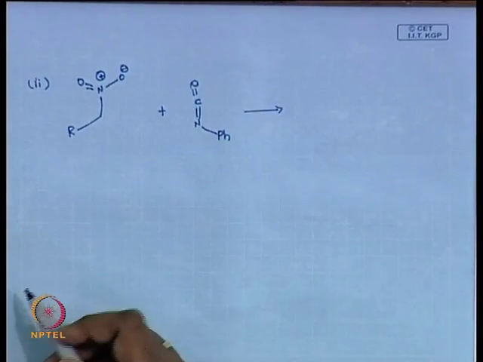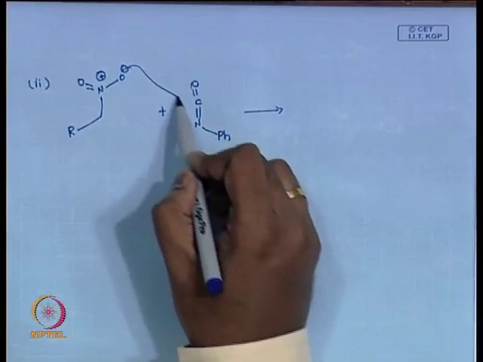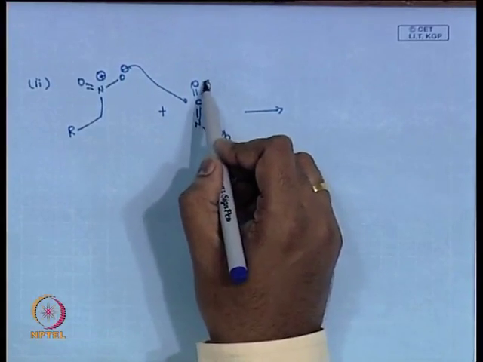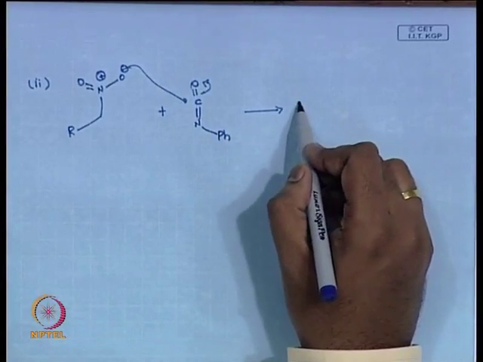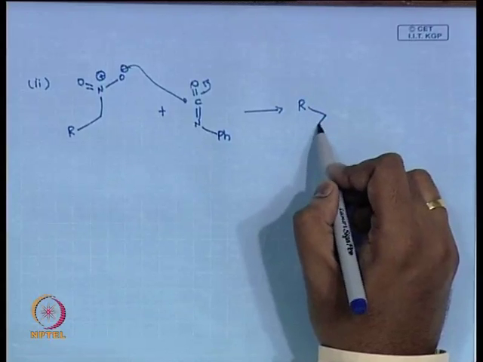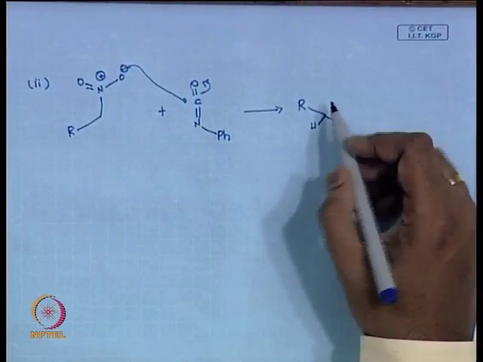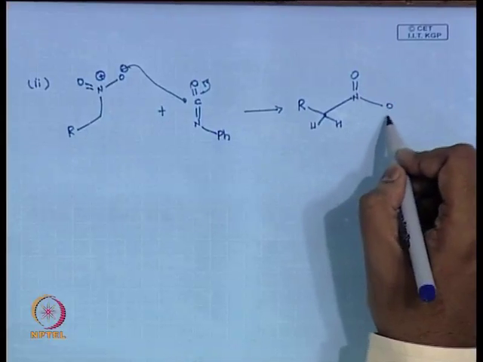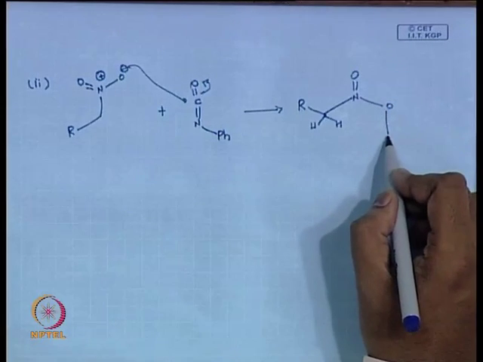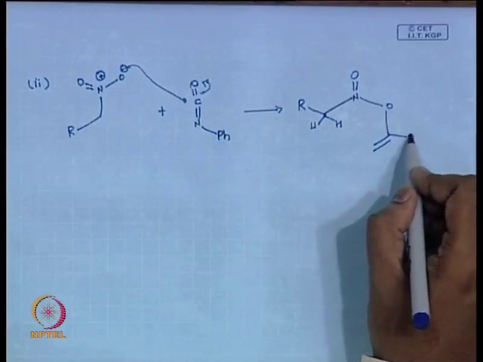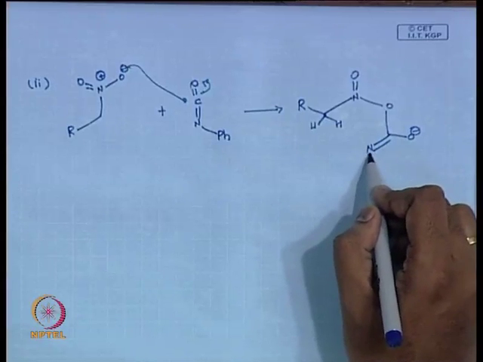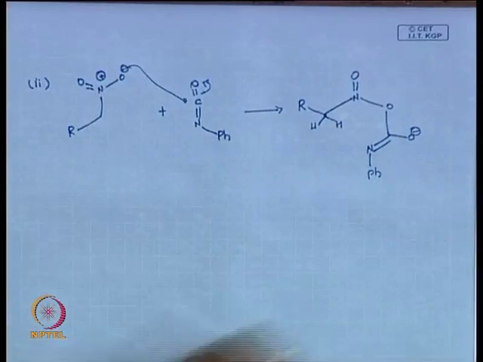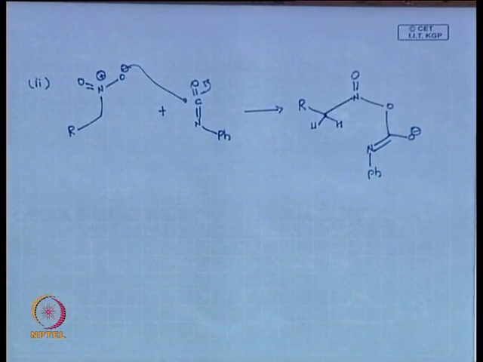So, what will happen? I will get R, CH2, CH2, minus, and I have my N and phenyl, right. You can get this product.